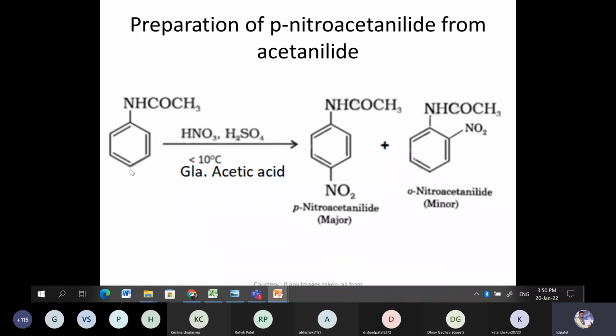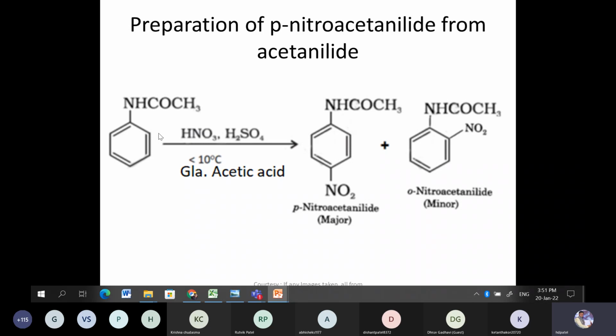So what happened? The para position will gain negative charge. In the same way, the ortho position will also gain negative charge. Both positions have negative charge. But as per the directing effect, whenever the mesomeric effect is powerful, the more stable resonating structure has negative charge on the para position, and that's why the major product will be formed based on the most stable resonating structure.